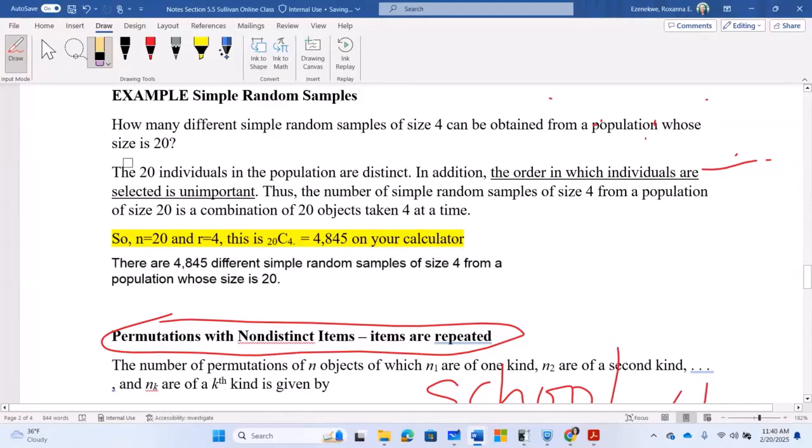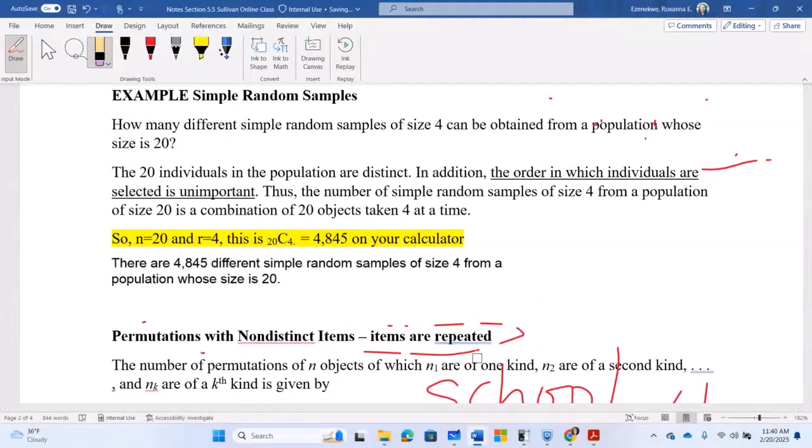Okay, well, let's go to permutations with non-distinct objects. For example, we're going to use the word school.